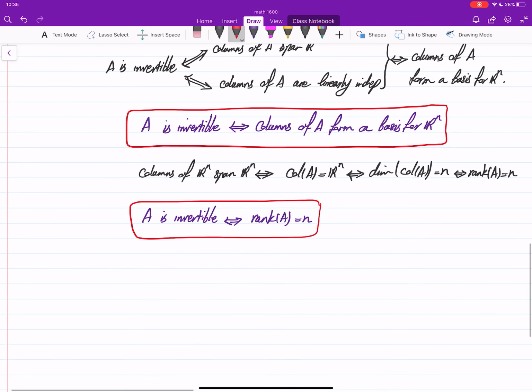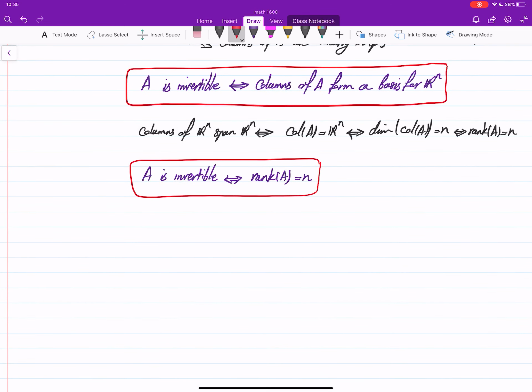Now, an interesting version of this will be, we know by the rank theorem that the rank of A, in general, plus the nullity of the matrix A add up to the number of columns, in this case n.